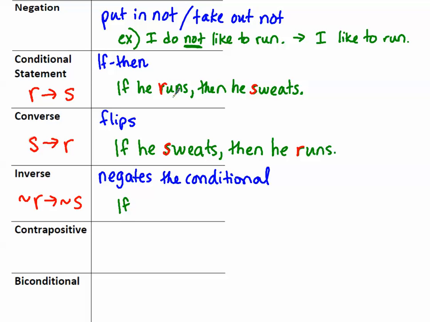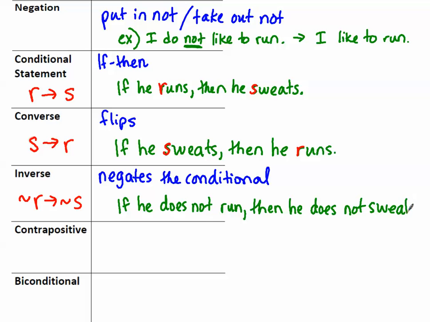If, now R was for running, so if he does not run, then he does not sweat. We didn't have not in the conditional sentence statement, so we include not when we're negating both parts. Notice though that it's in the same order.